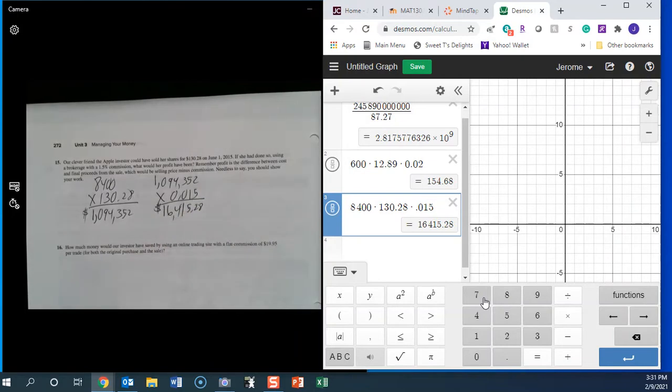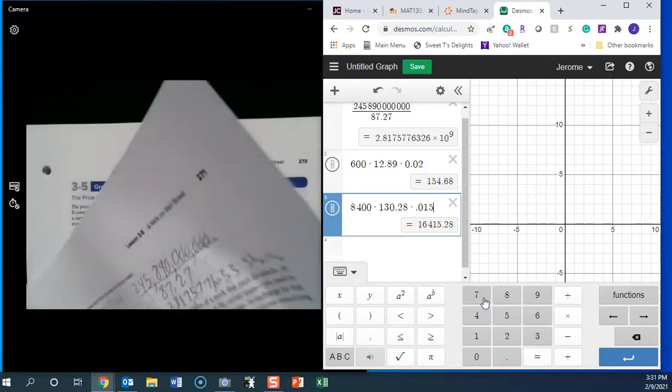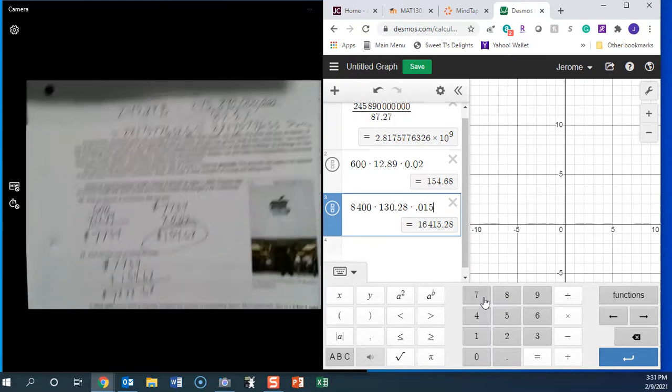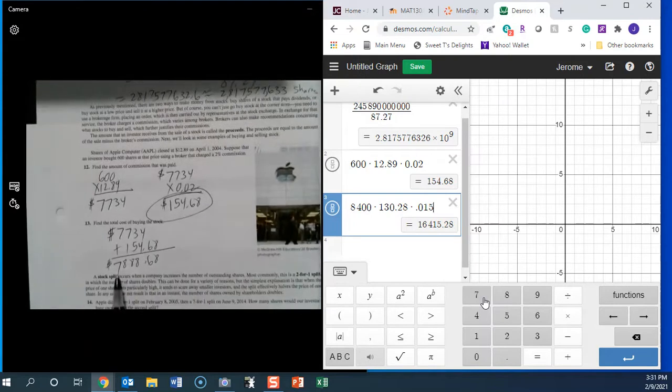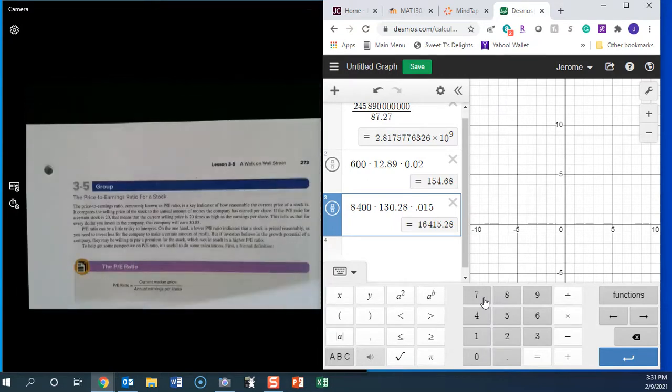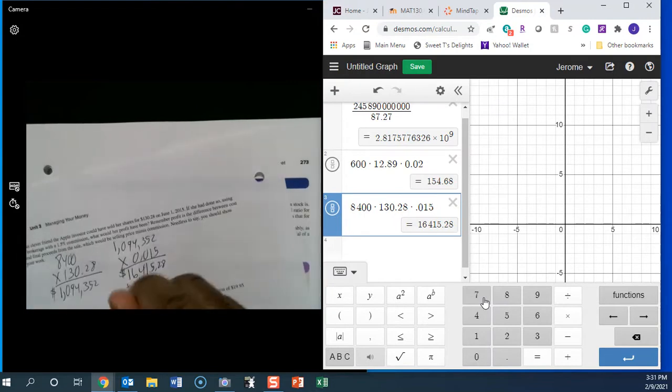Okay, that's the commission. Now, in addition to the commission, we have to go back to our original amount that we paid for this stock. We paid $7,888.68, which included the price of the stock and the commission. So now we need to add that to this 16,000.